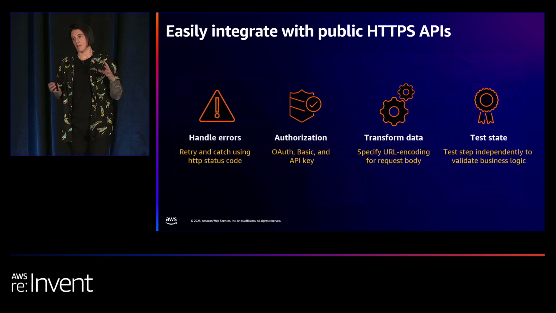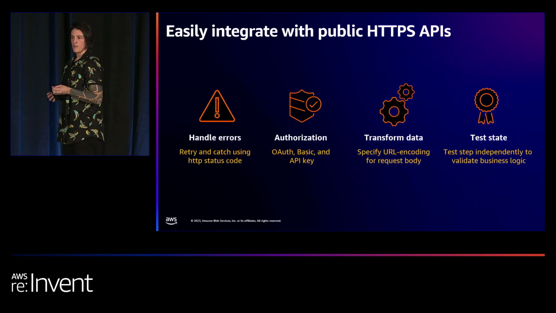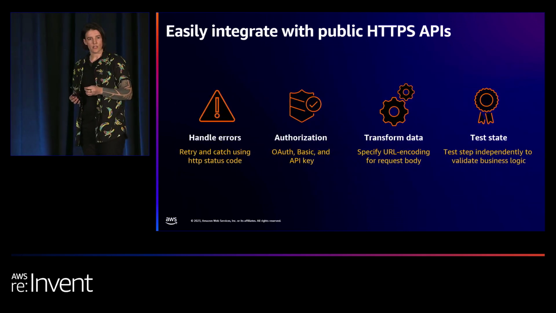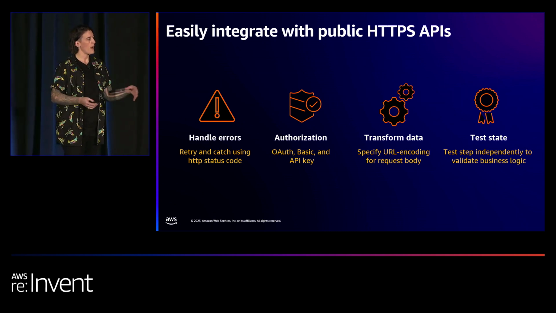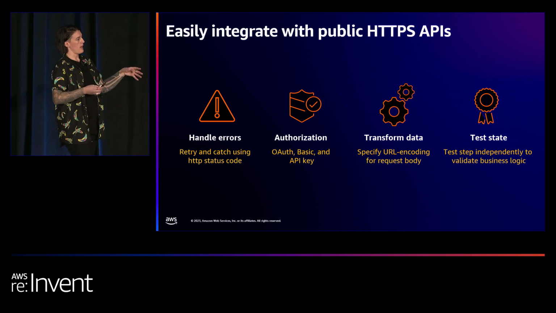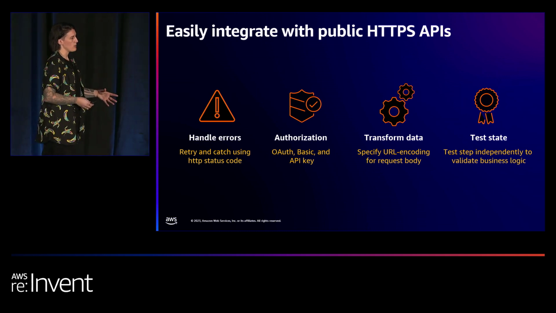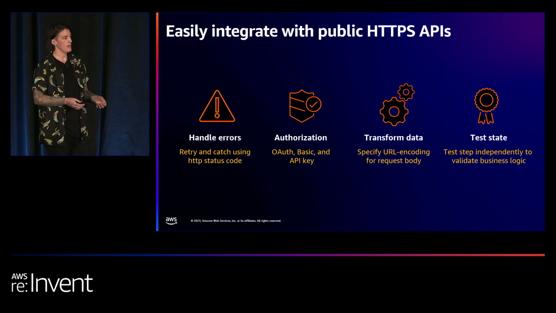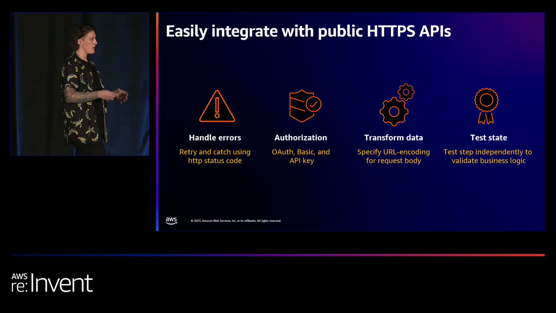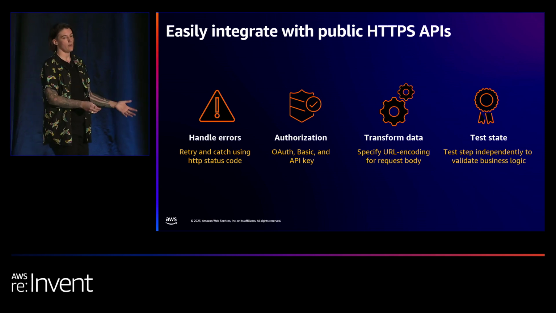When you think about some of the features or the benefits that this direct integration offers you, notably it's the ability to handle errors. So also with public HTTP APIs, you may receive a status code that you actually want to do something with. So you can handle those differently. A 429 or a 400 or something might actually be different for you than someone else.